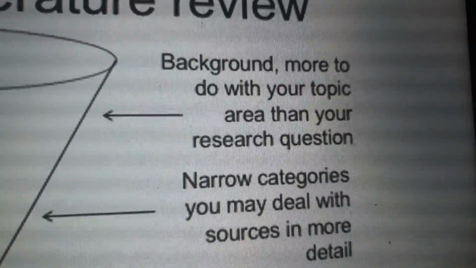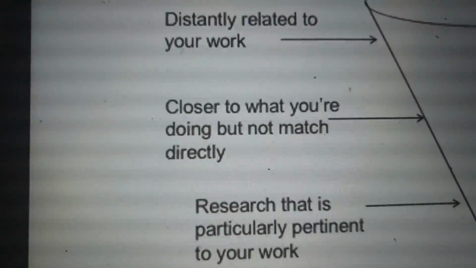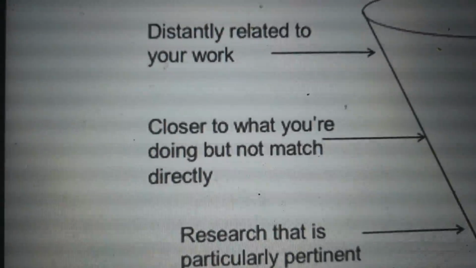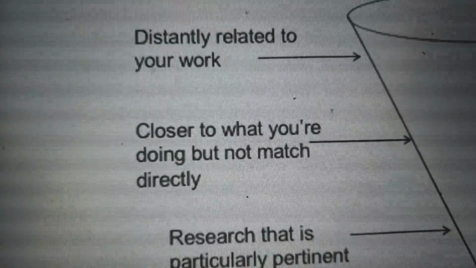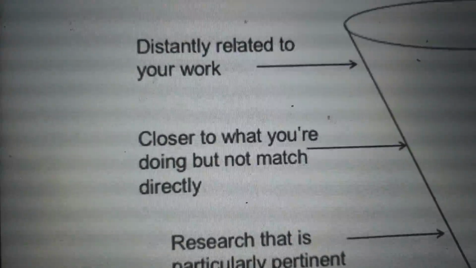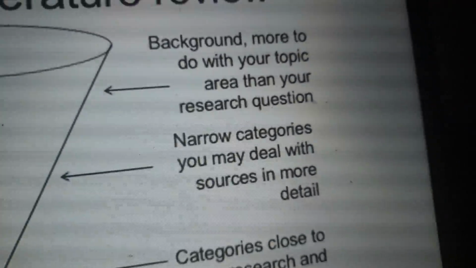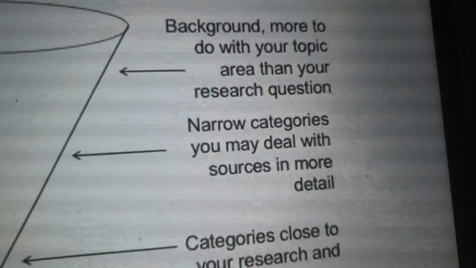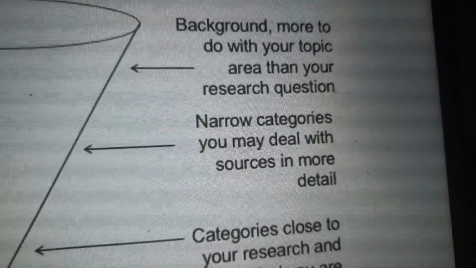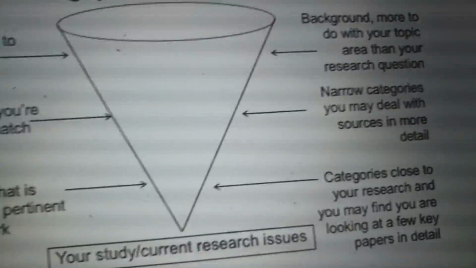More to do with your topic area than your research question. Having covered that, you come closer to what you are doing, but not much directly. That is, you are now in narrower categories. You may deal with sources in more detail.